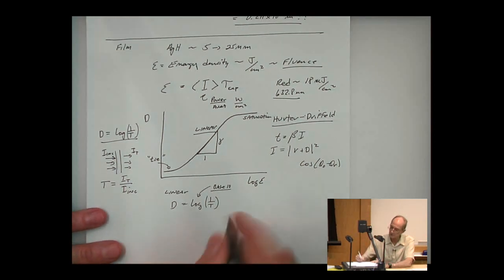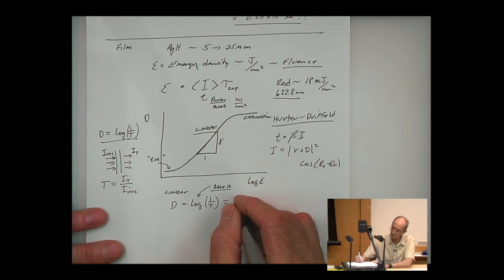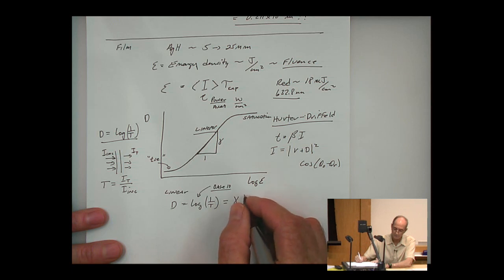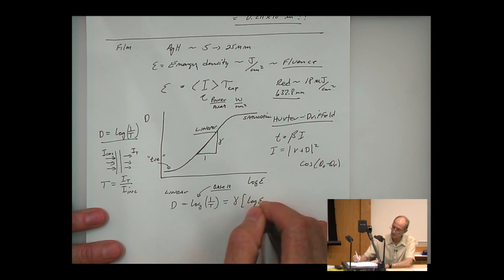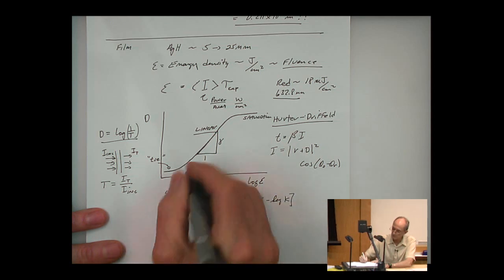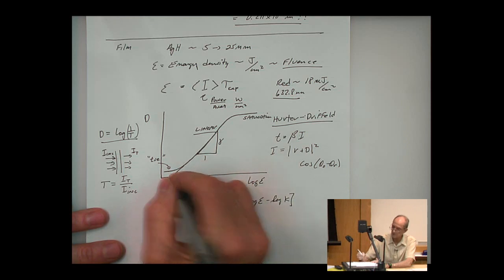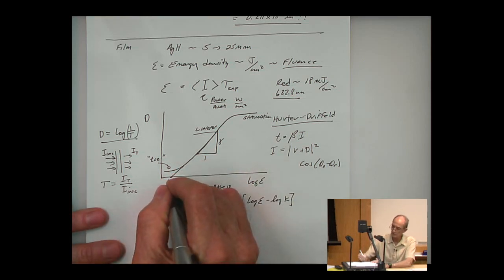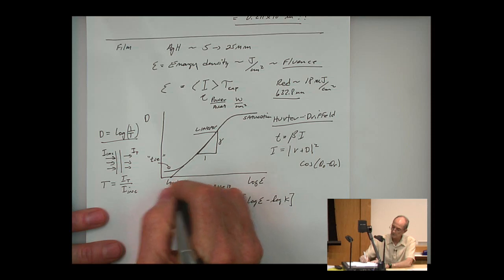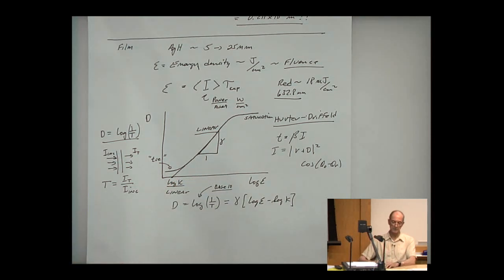And so in this linear region, we can say that that's basically equal to the slope times the x minus the intercept. So the x parameter here is log exposure, and the intercept we don't know, but it's some constant. So the intercept is going to just be a projection down there, and this is the log of k for that particular intercept.